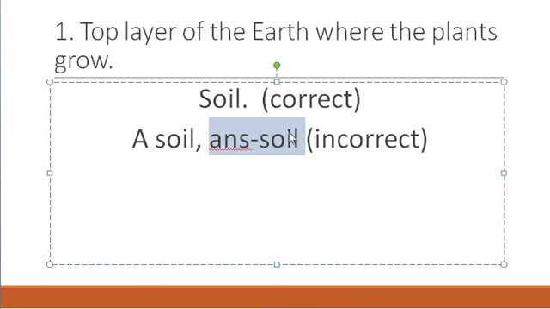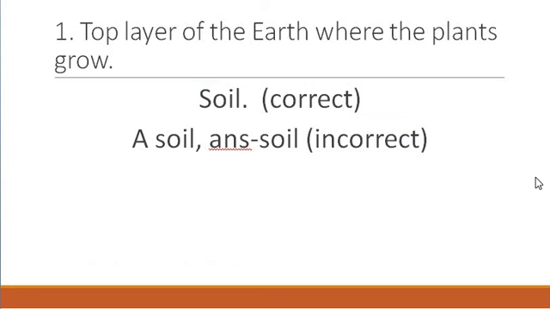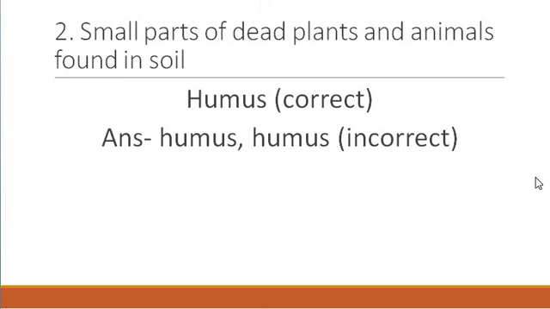So your answer is right, but what you have added, A and S, is incorrect. Don't write anything other than the exact answer. If you write this, your answer will be counted as incorrect. So please take a note of this.